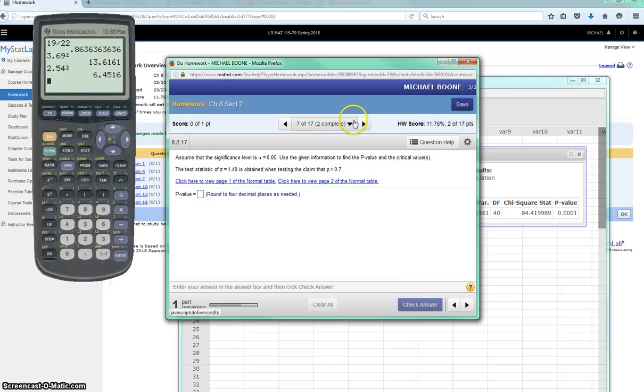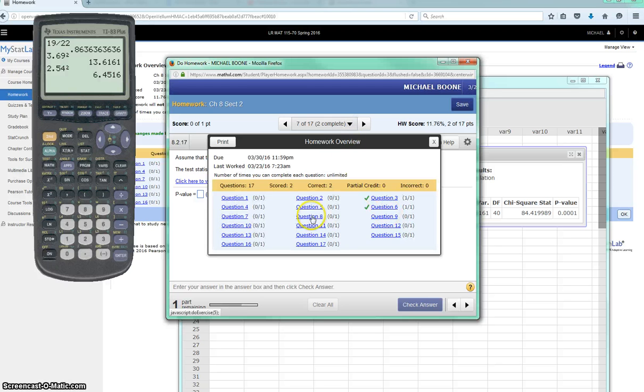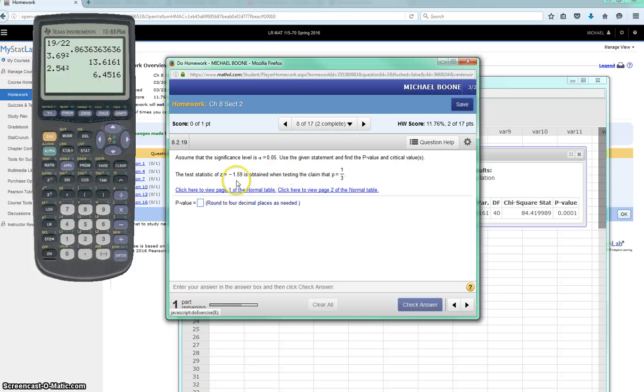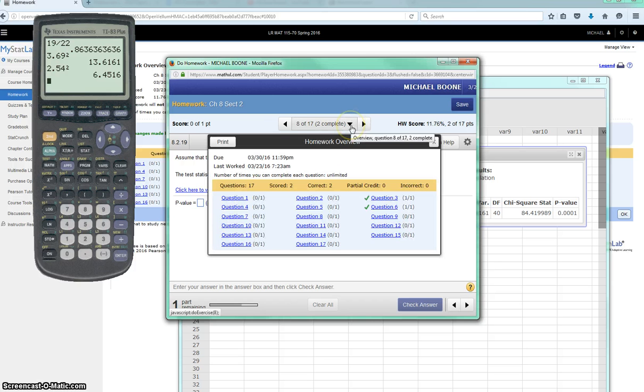Another question I want to look at is number 8. So on this one, assume that the significance level is 0.05. Use the given statement to find the p-value and critical values if a test statistic of negative 1.59 is attained when testing the claim that p equals 1/3. So we're dealing with proportions. We know that for proportions, we're going to use a normal calculator.